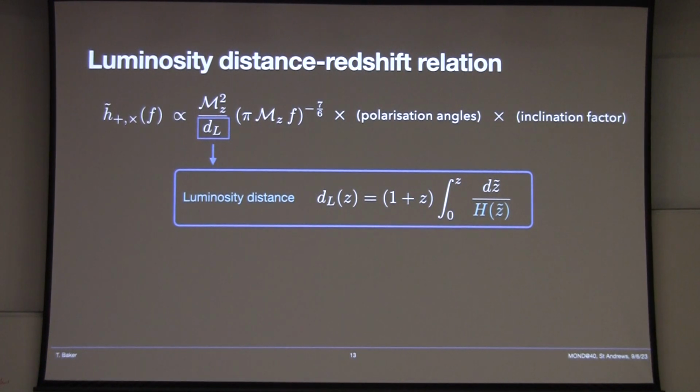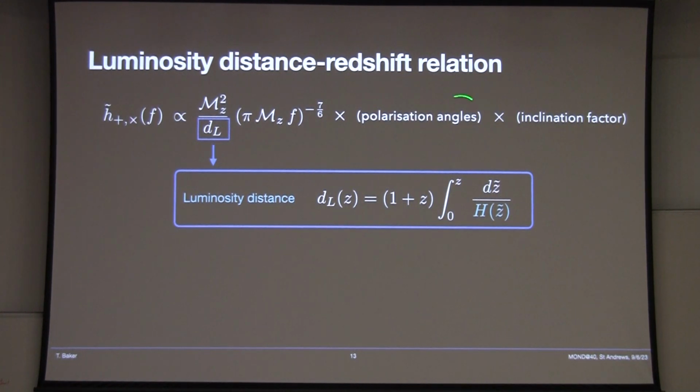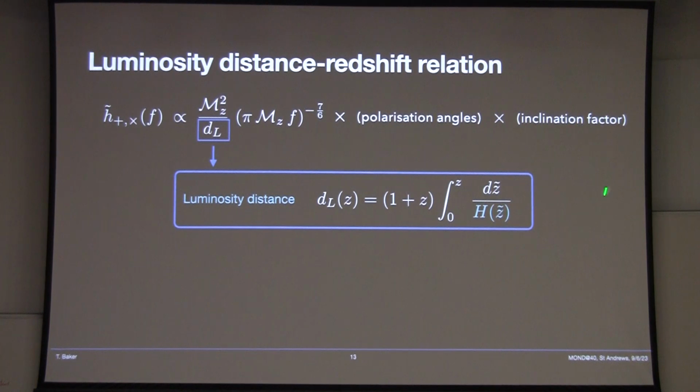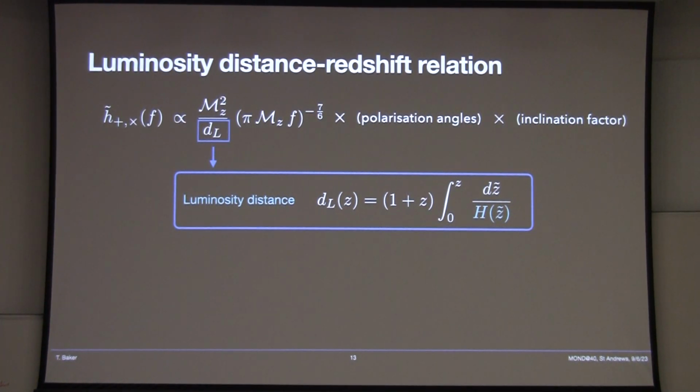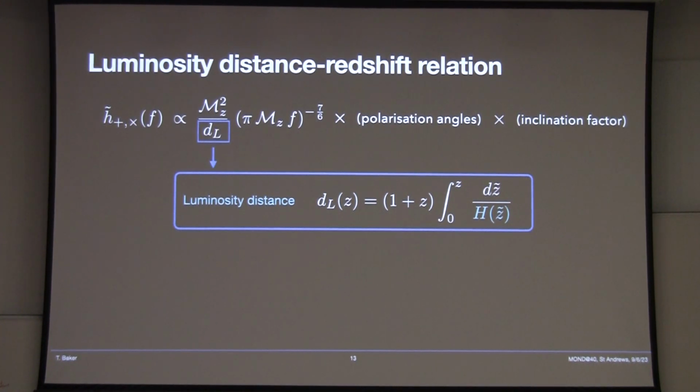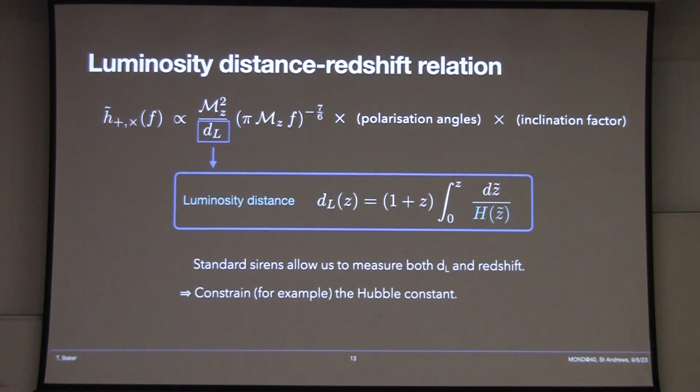Okay, so it's one of our many distance measures we like to define in cosmology, and it's related to redshift by an expression shown here. And you'll note that this expression contains the Hubble factor. And this is actually the starting point for gravitational wave cosmology. The idea that we might be able to constrain the Hubble constant with gravitational waves and maybe solve the Hubble tension.